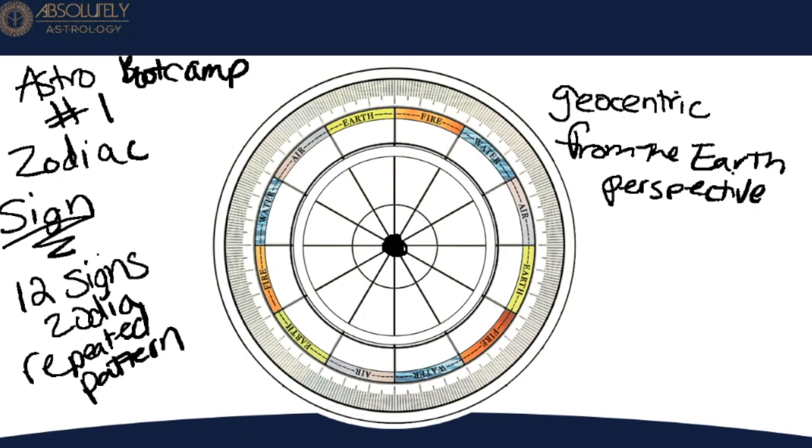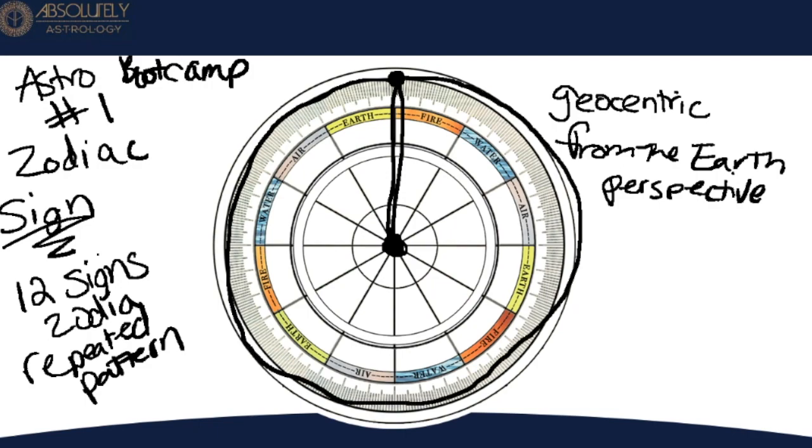So the Zodiac is also known as the band of animals, okay? And from Earth, we can look out and we will see the sun. And the sun has this apparent path through the sky, right? It almost makes this circle because it's mimicking that shape we see everywhere, the circle.